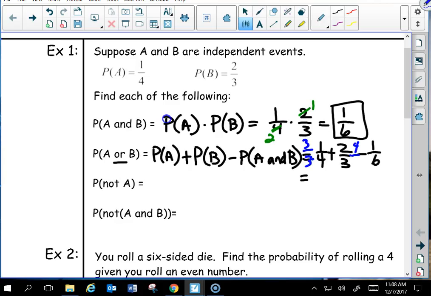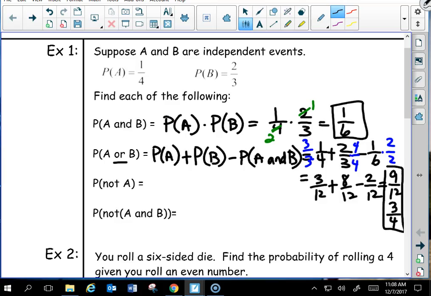And this is a little messy, I know. So I get 3 12ths plus 8 12ths minus 2 12ths. And that looks like it's going to be 6 plus 3, 9 12ths. Or 3 goes into 9, 3 times 3/4.